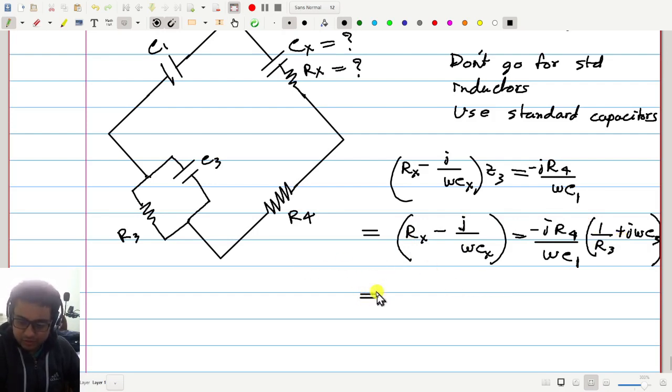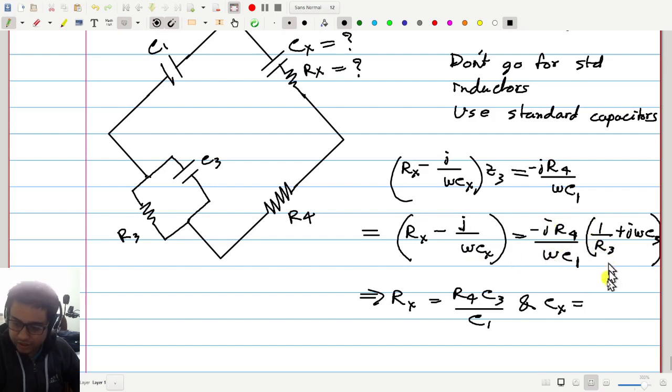So that implies Rx will be, from here, R4 C3 by C1, and from here Cx will be C1 by R4 R3, with a minus j omega factor.